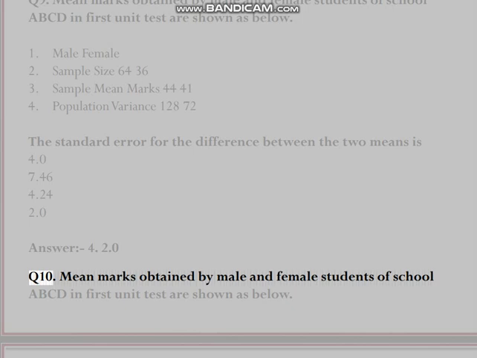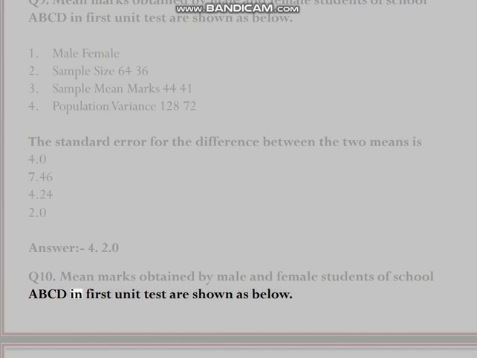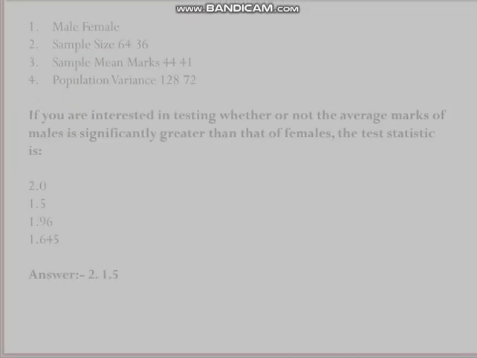Q10. Mean marks obtained by male and female students of school ABCD in the first unit test are shown as below. Sample size: 64 and 36. Sample mean marks: 44.4 and 41.4.